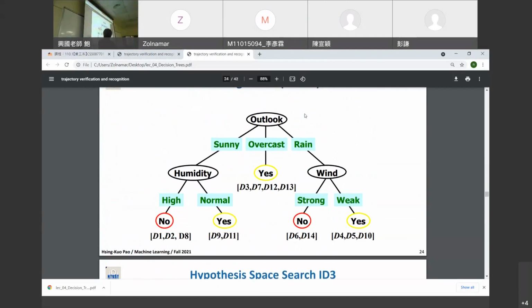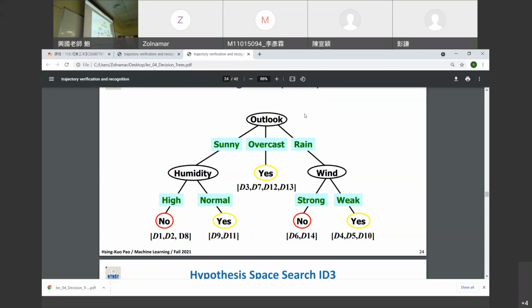If we start from the root, we search for the best attribute. After we decide the best attribute, we sort all the data according to the different branches, and then we do it again and again. That's what we can call a greedy algorithm, right? Given this algorithm, suppose the tree that we have is like this.